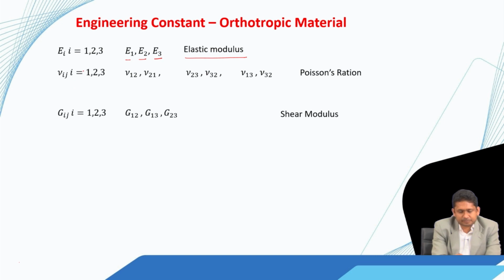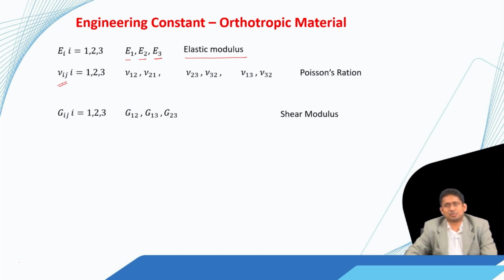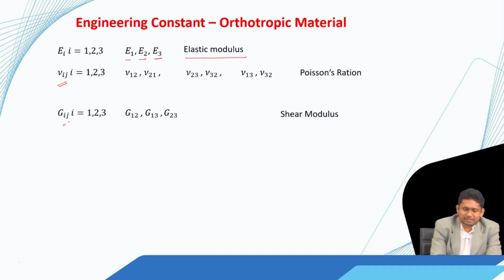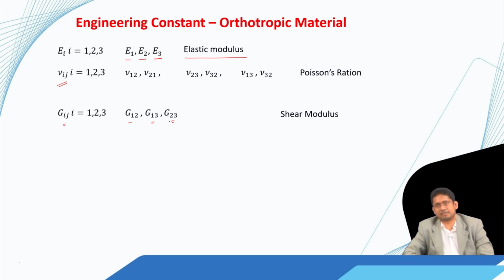And then we have Poisson's ratios. Again, for an isotropic material we have just nu, but here, depending on the direction, we have nu12, nu21, nu23, nu32, nu13 and nu31. And then we have shear moduli: G12, G13 and G23 for shears in different planes.